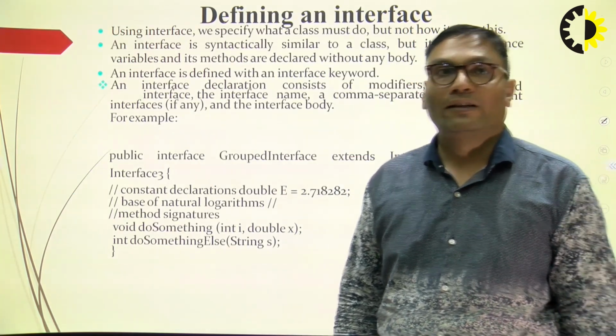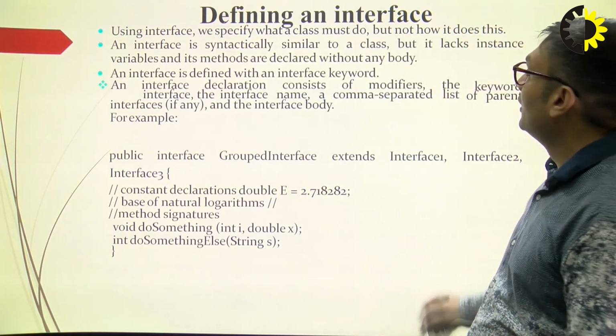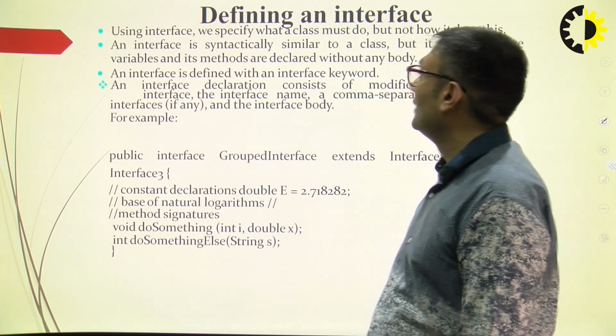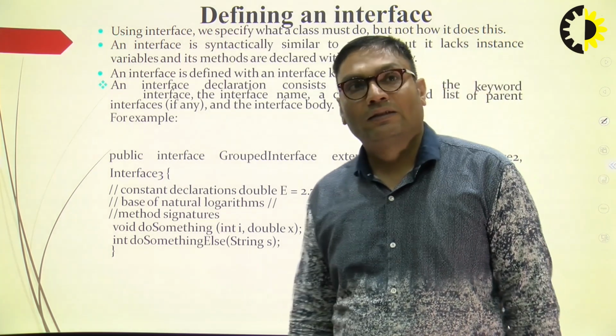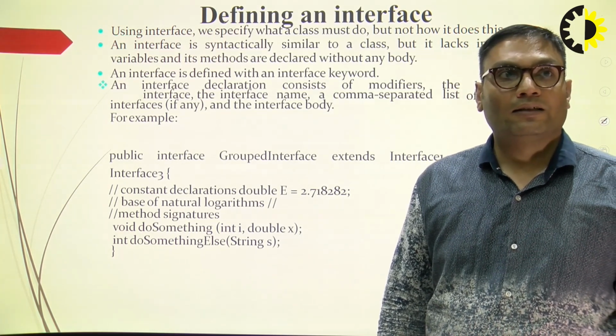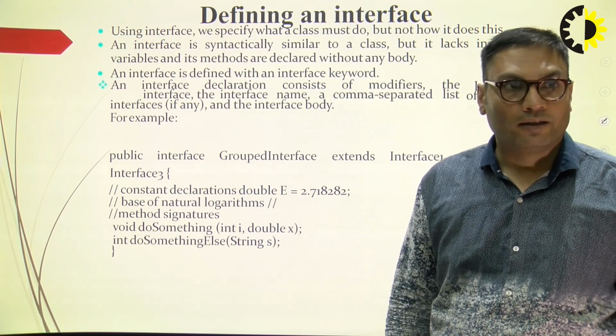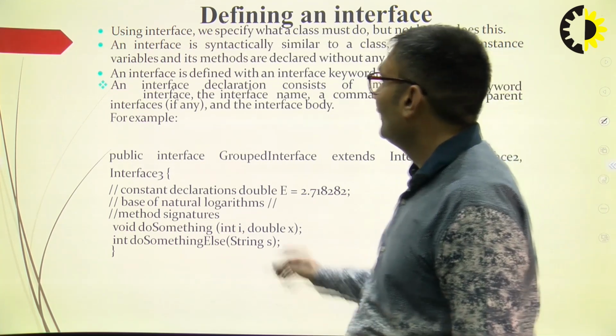So how will you define an interface? To define an interface, as I told you, interfaces are syntactically similar to a class, but they lack instance variables and the methods are defined without a body. So let's see an example.